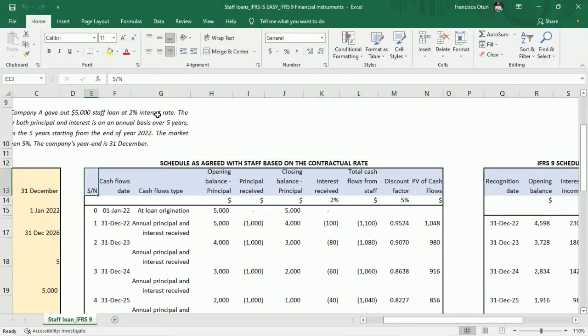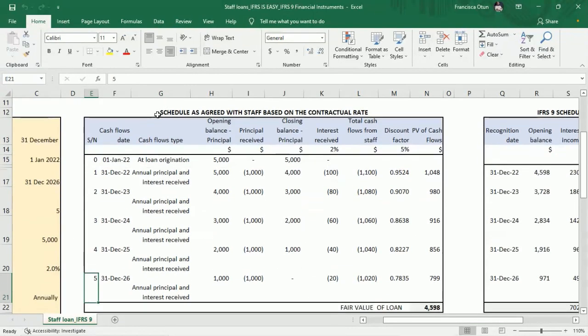If you look at it, we have 5 years, starting from the origination date. Here we have the opening balance of principal, the principal received, then the closing balance. The principal received shows how the staff is paying back the loan in terms of the principal.